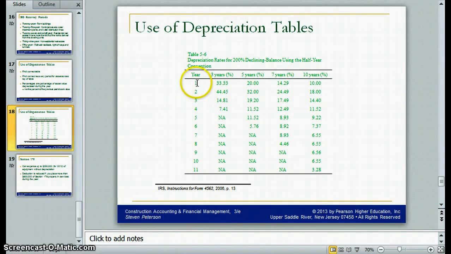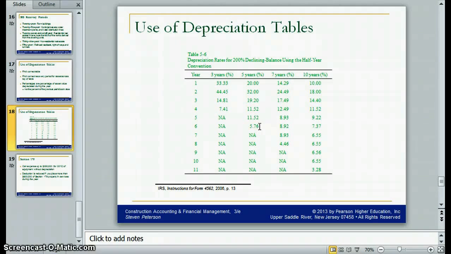Okay, again, we see that if we're dealing with, say, a 5-year asset, the percentage of depreciation for year 1 would be 20%, for year 2 32%, year 3 19.2%, year 4 11.52%, year 5 11.52%, and year 6 5.76%.